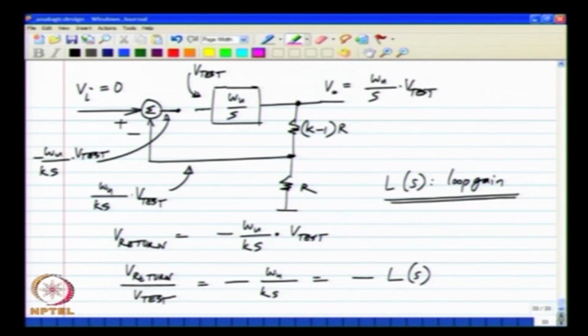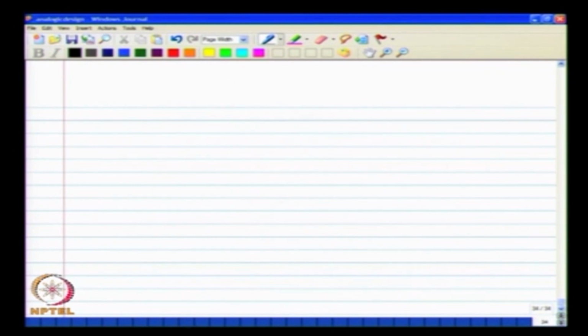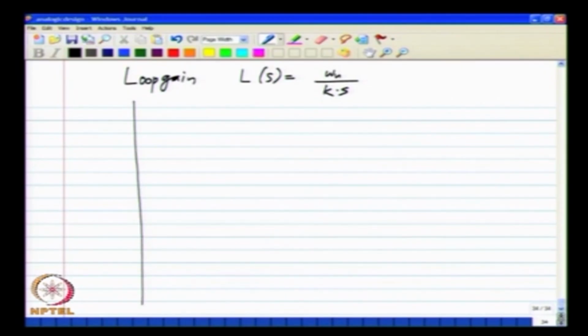Now let us evaluate the loop gain for this. In our case, the loop gain L of s is omega u by K times s. And we can draw the Bode plot for this function as well, and this is very easy because this function also denotes integration.